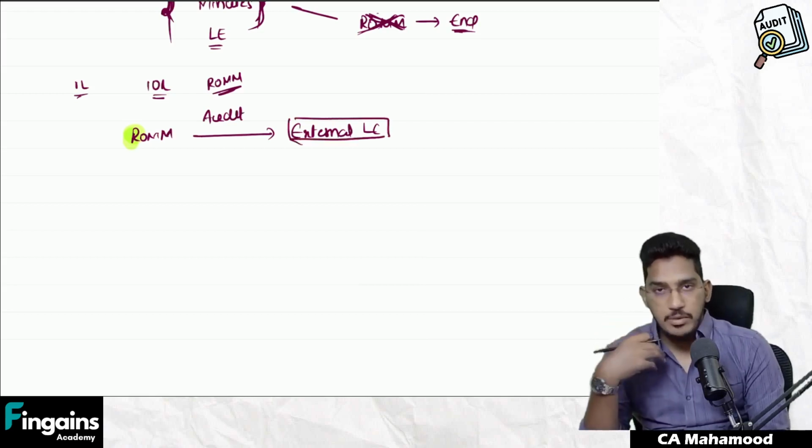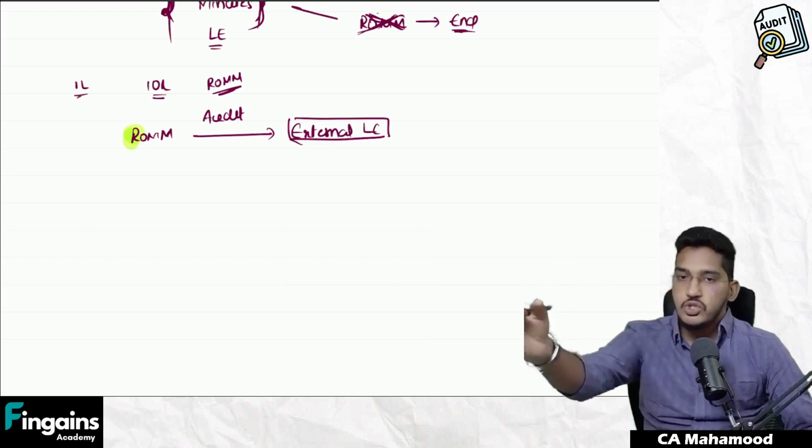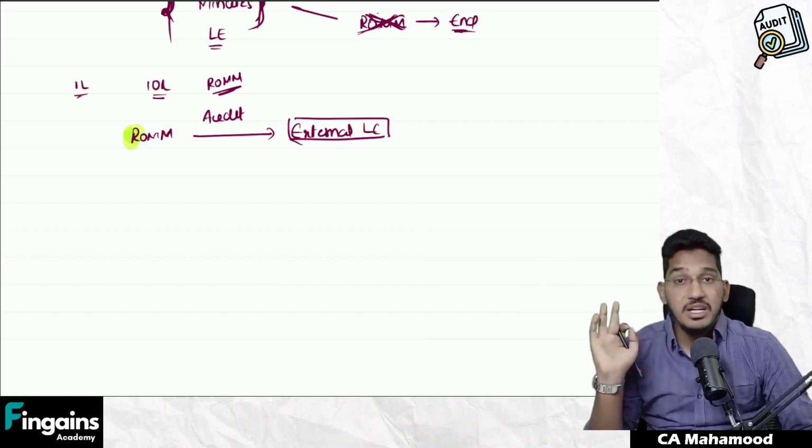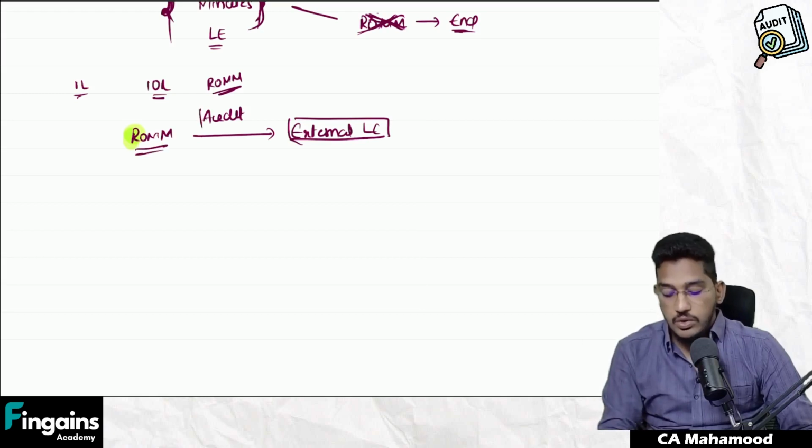He has to say, I'm an auditor of this company. I have a doubt that my client is hiding some litigations and claims. Please tell me what litigations and claims my client is having.